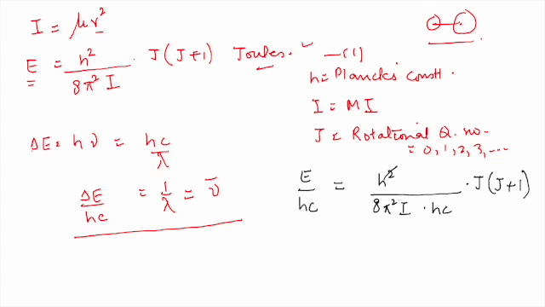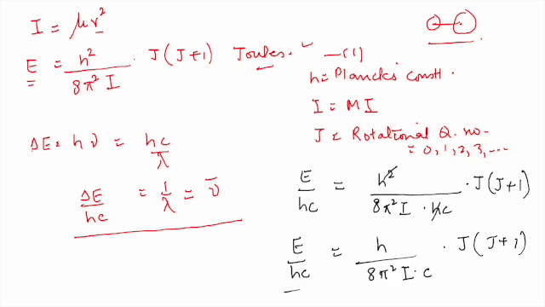Now h and h get cancelled, so E over hc is equal to h over 8 pi square I c into J into J plus 1. This is the energy in centimeter inverse.